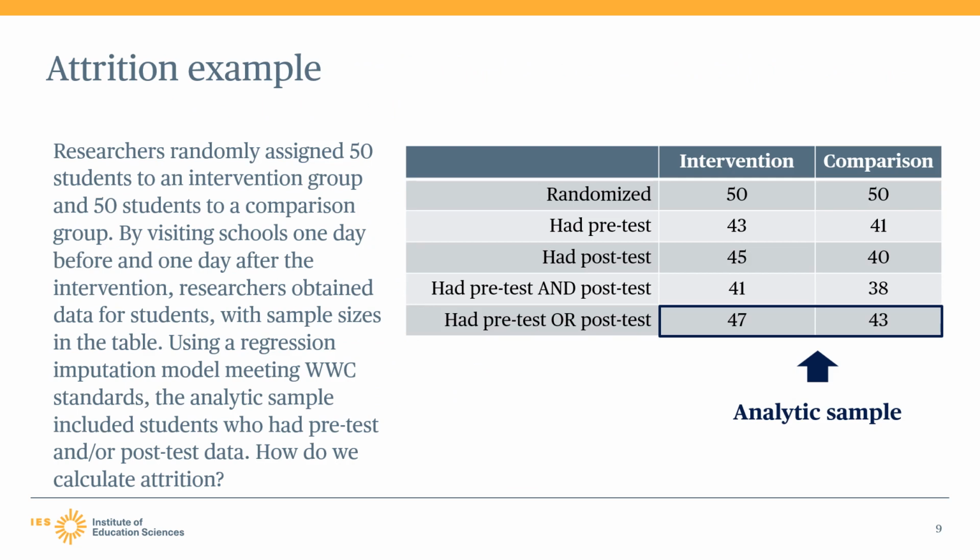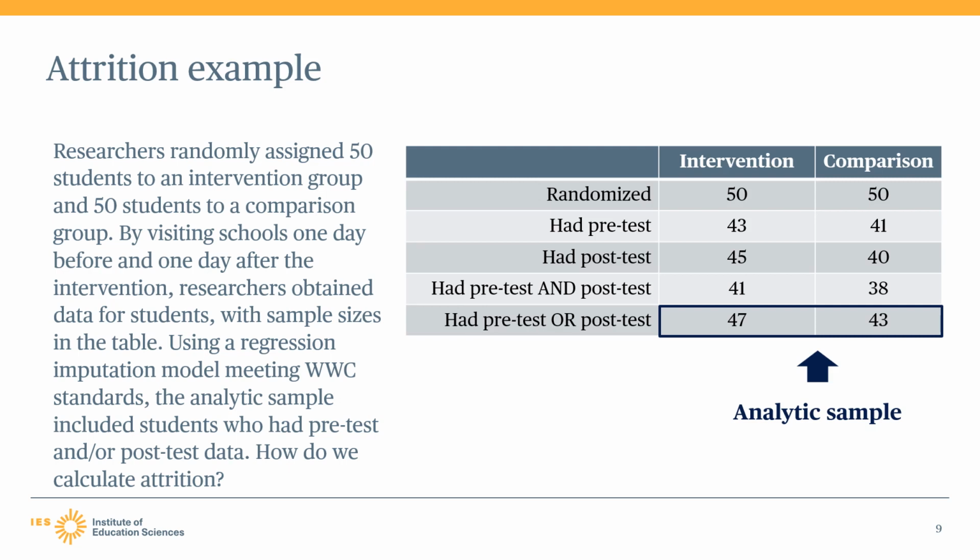Before we move on to the next step, let's discuss an example of how to assess attrition in studies with imputed outcome data. Imagine a study where researchers assigned 50 students to an intervention group and 50 students to a comparison group.